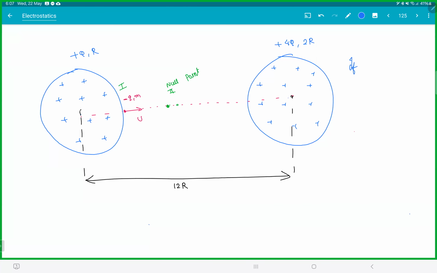So this would be the statement there. If the particle reaches the null point with small velocity, the 4q will automatically attract it and it will land automatically. 4q will automatically pull it towards itself.